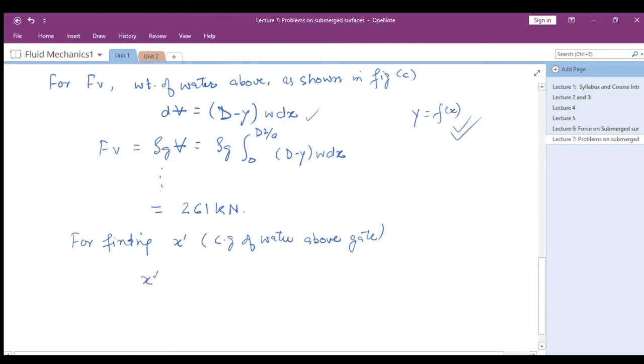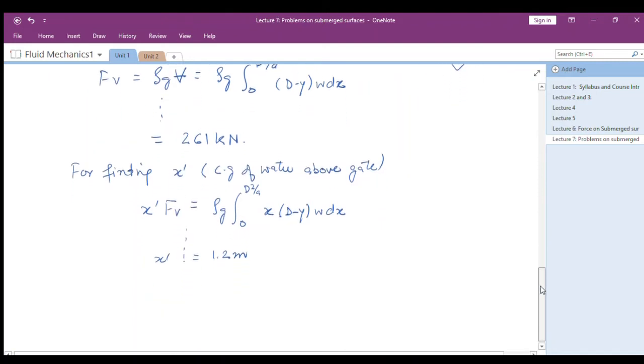So x dash, the location of your resultant vertical force, multiplied by your resultant vertical force, is going to be equal to your elemental force multiplied by the location of that elemental force. So x times d minus y w dx. Again, you would do certain steps, and you can find out that your x dash would come out to be 1.2 meters. This is something which you can do and you would find it out.